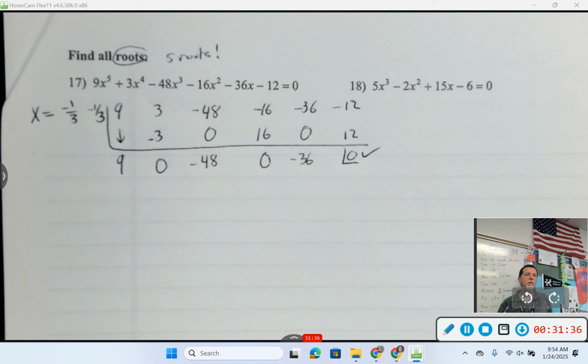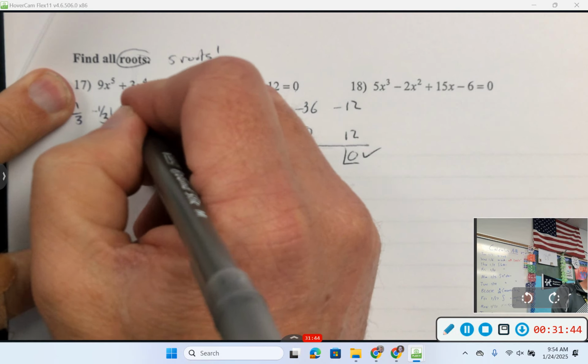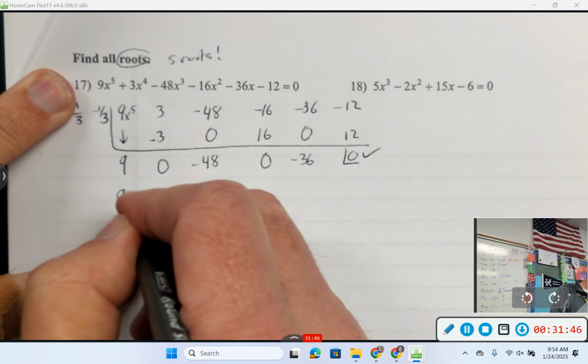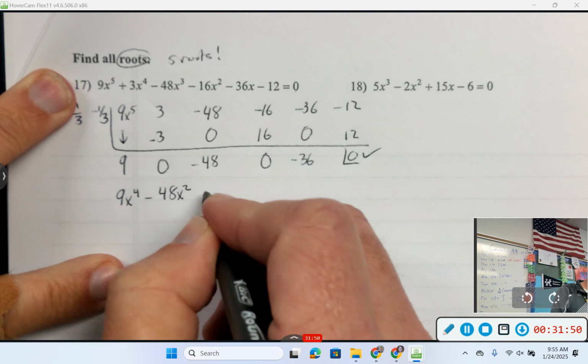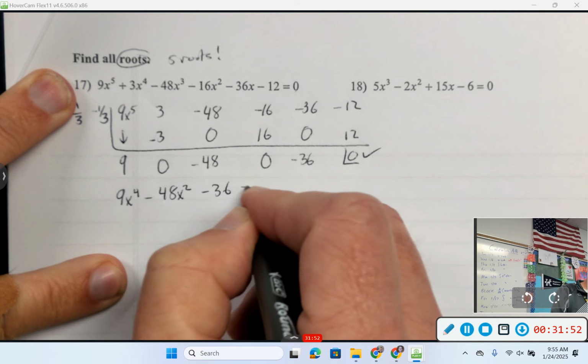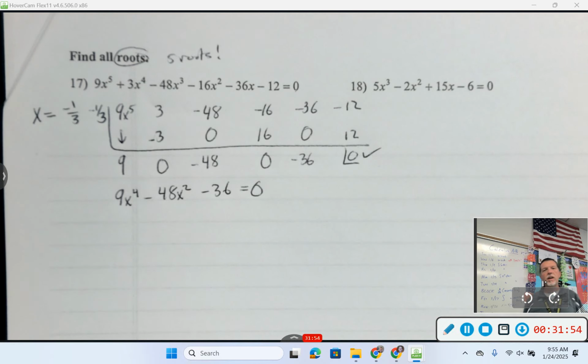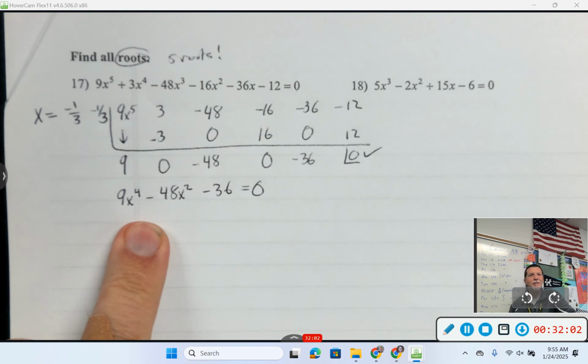Okay, so yippee, we proved that x equals negative 1/3 works, but we kind of knew that already. The point was, we went from x to the 5th down to x to the 4th. And maybe that's not usually enough, but that looks like we've solved problems like that before.